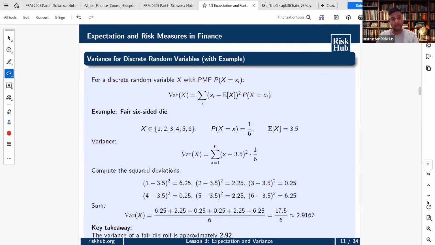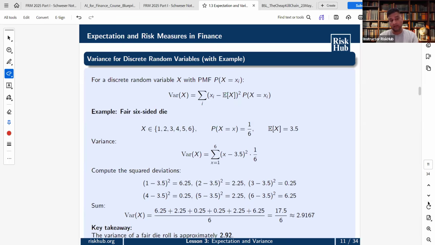If you look at this particular slide, what is happening here is that we are taking a fair six-sided die as an example. The sample space is 1, 2, 3, 4, 5, 6, and probability of X = x is 1 by 6. Expected value, you've already calculated in the previous example, so E[X] equals 3.5.